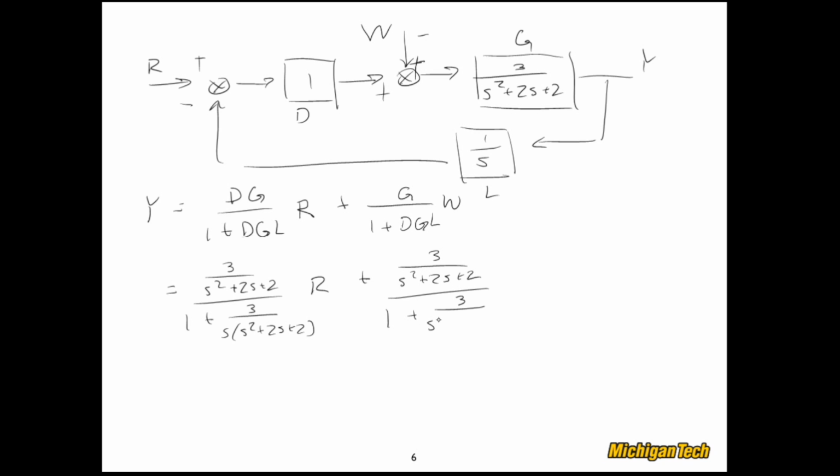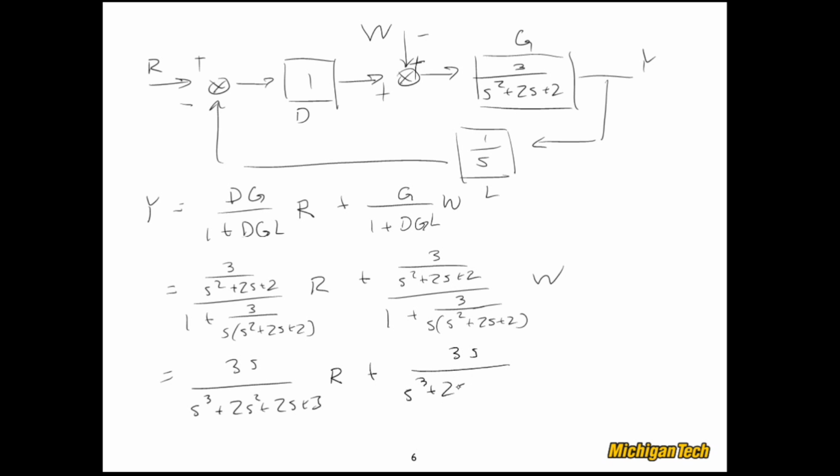This will actually point out an important feature of system type. So what we get is 3s over s cubed, actually, times R, plus the same quantity here.